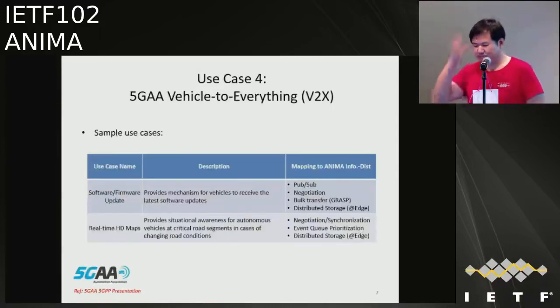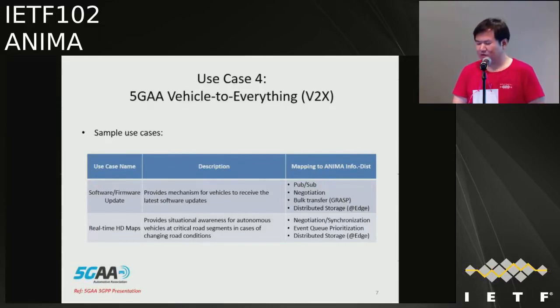These are some requirements from the vehicle-to-everything scenario, for example the firmware update. It is also not acceptable for all the vehicles to connect to a single server in the cloud to get the newest firmware, so the firmware needs to be stored in a distributed way at different edges.